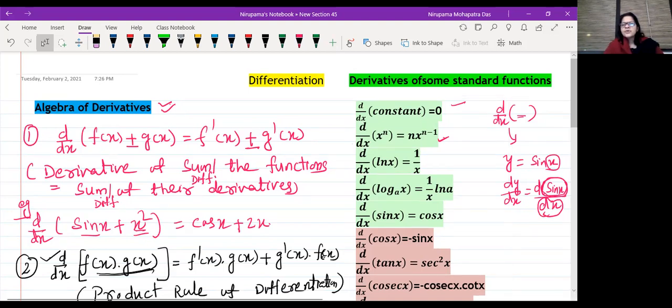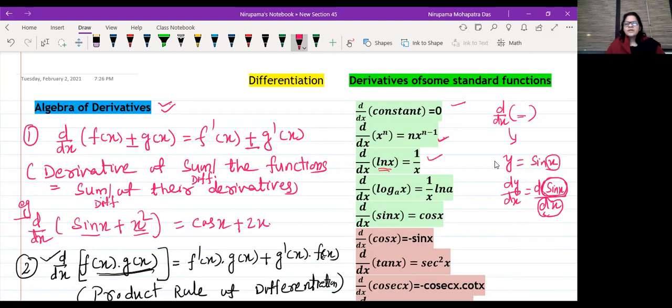So we are getting 0, and we can do it by first principle also. Then x to the power n gives n into x to the power n minus 1, where n can be any rational number, or any real number also. The derivative of ln x, logarithm with base e, is 1 by x.